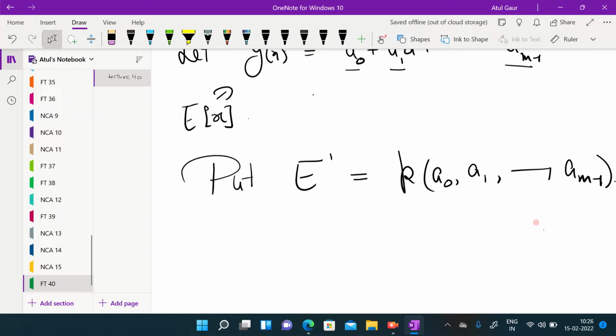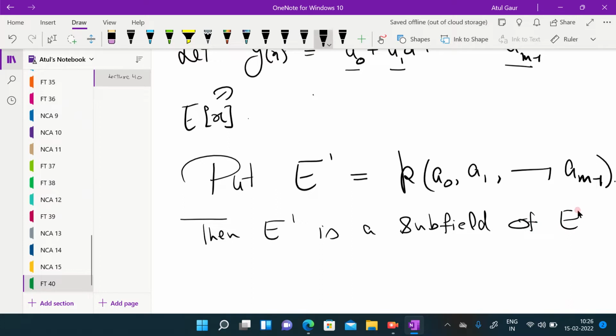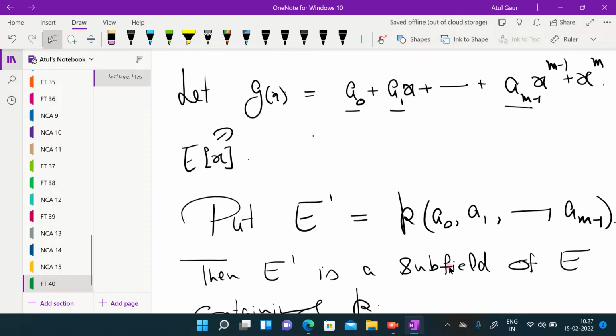So all these ai's are inside E, and K is already contained in E. So E' will be contained in E, containing K. So then E' is a subfield of E containing K.